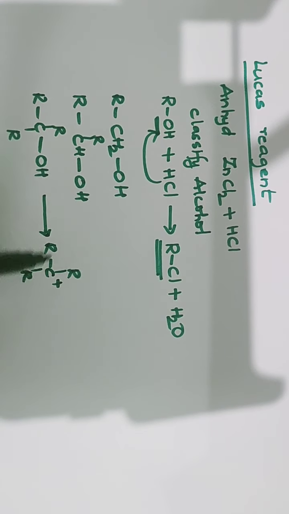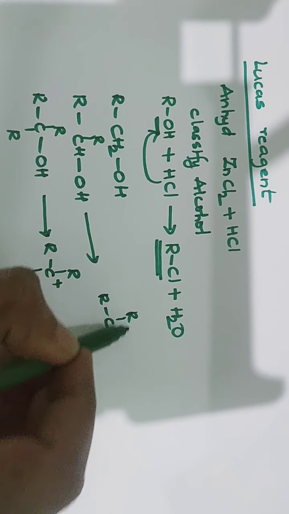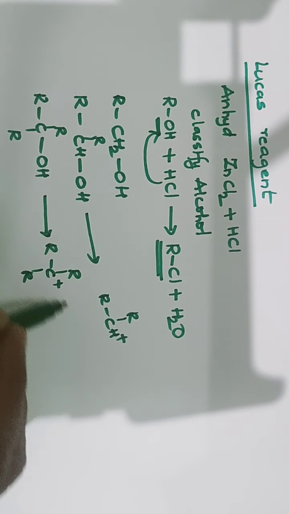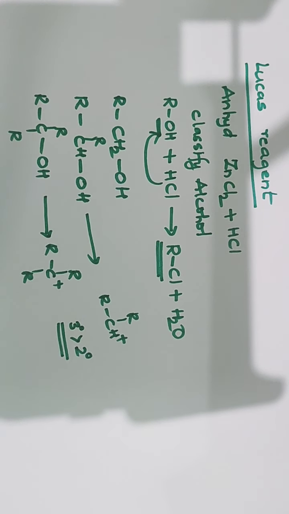So this alcohol will form a tertiary carbocation. This alcohol will form a secondary carbocation. And we know that tertiary carbocations are more stable than secondary carbocations. Hence, these carbocations will be easily formed. So when this tertiary alcohol is treated with Lucas reagent, they react quickly.